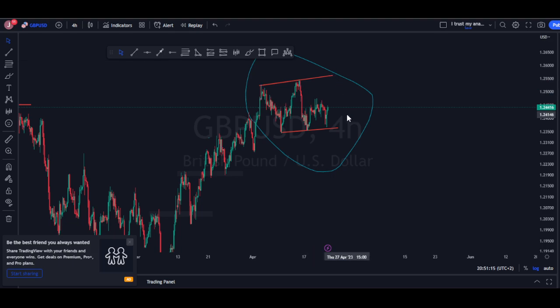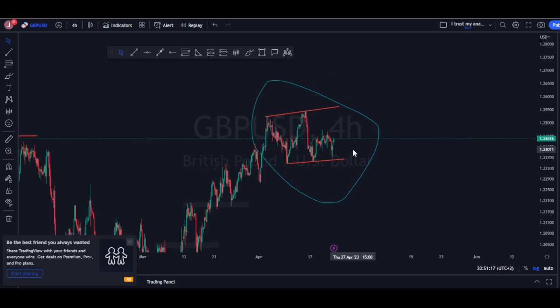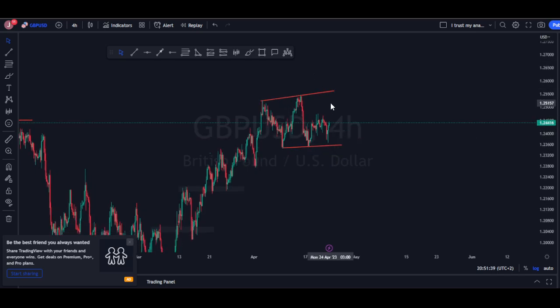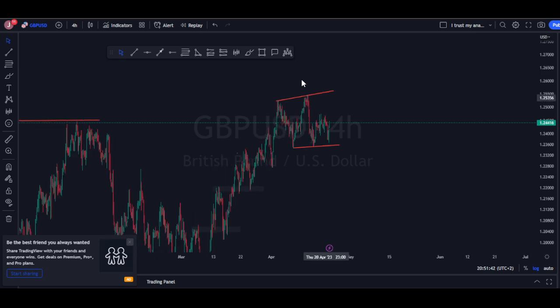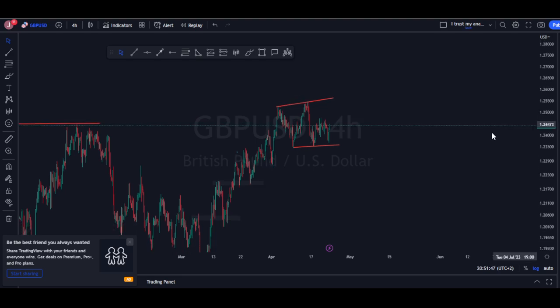Right now at the moment, according to my patterns, it doesn't look like anything much. Price might just go here and then go to the downside, but doesn't really look like much. But whatever the market plays out next week, the overall long-term move is to the upside.